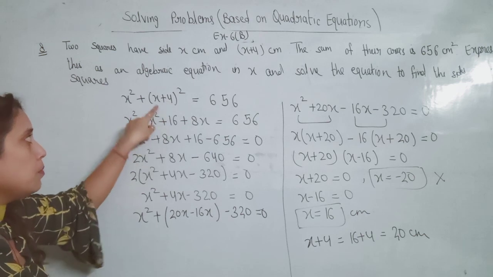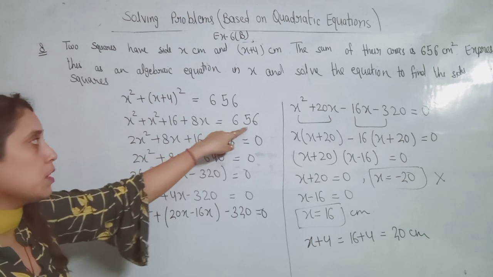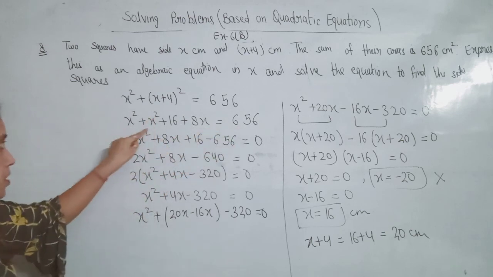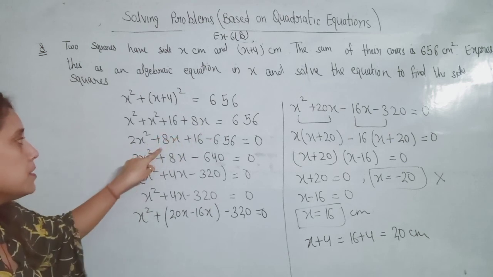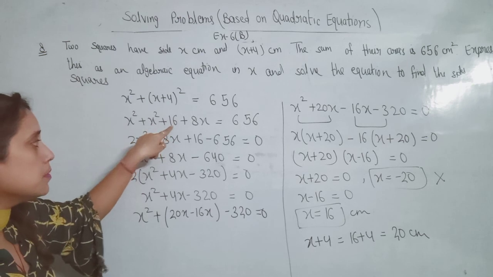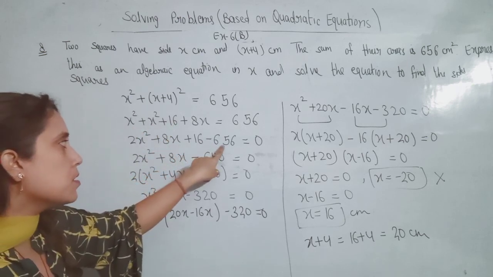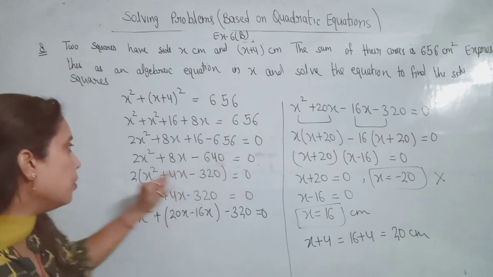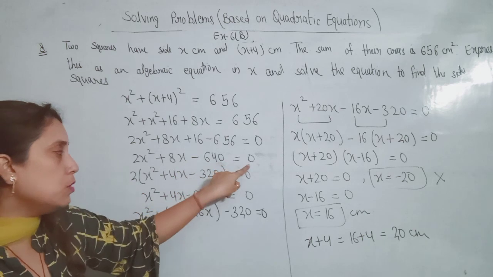Now solve it, open the bracket. The x plus 4 whole square will be a square plus b square plus 2ab, 2 into 4, 8x, is equal to 656. x square plus x square, 2x square plus 8x plus 16. When it comes to the left hand side, it will be negative: minus 656 is equal to 0. 2x square plus 8x minus 640 is equal to 0.